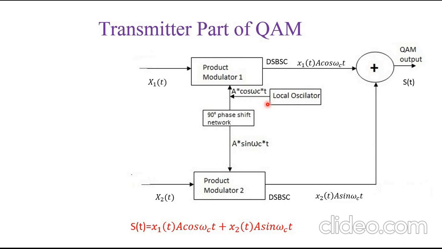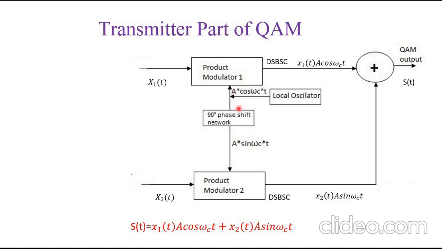Now see how to translate that into quadrature phase. The carrier signal here is A cos omega c t.